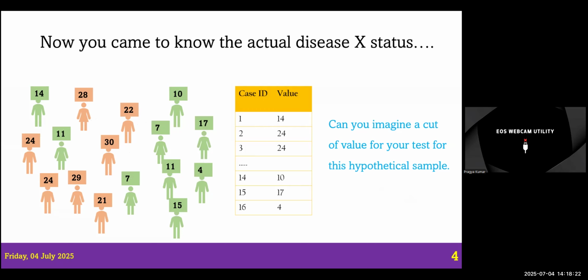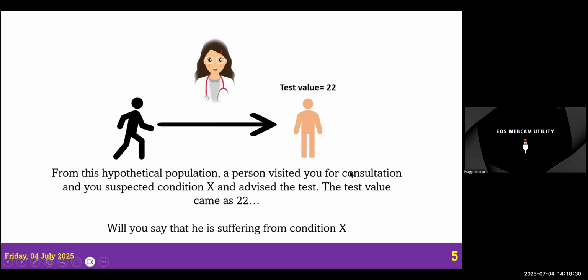Now I can say which is the cutoff, because I have the actual disease status with me. If a person comes to my clinic in this hypothetical situation and I have ordered this test, and the value comes out to be 22, or even 18 or 20, like Dr. Ravi is saying, what will I say?